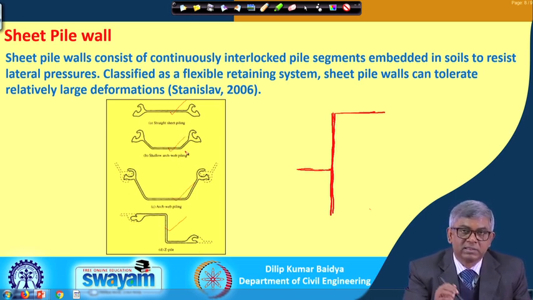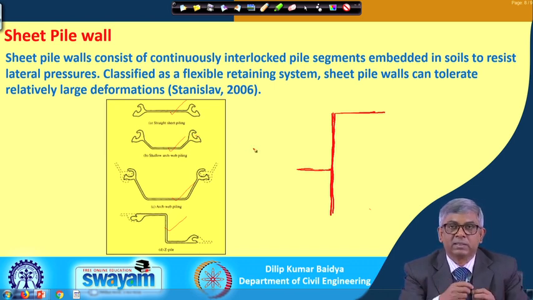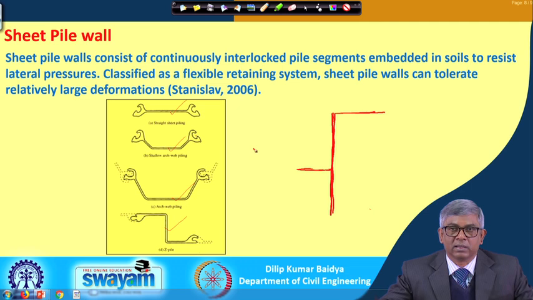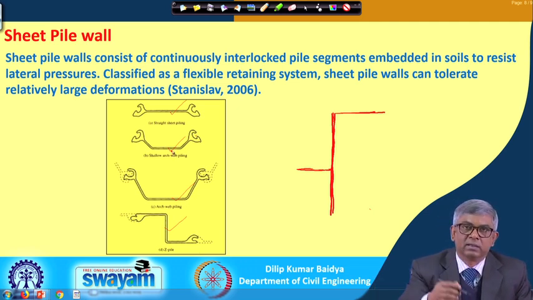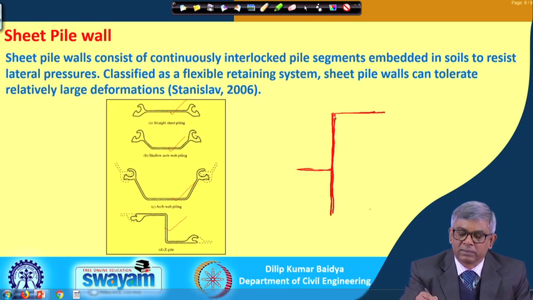These are the steel sheets, and there is interlocking, so one after another can be connected, and then laterally it can be extended, and it has a dimension depending on requirement. The depth will also be cut accordingly.